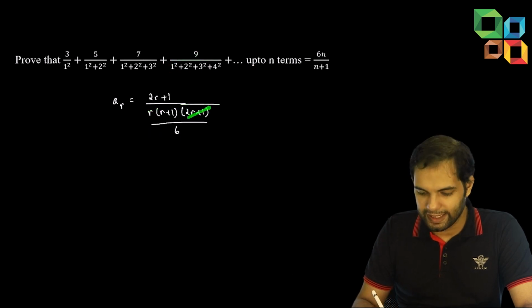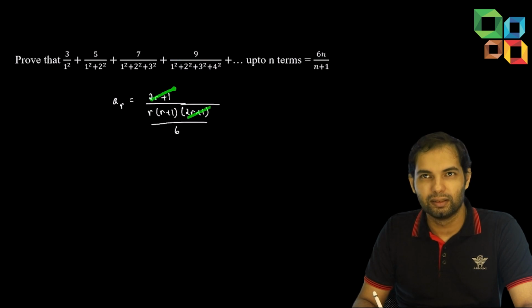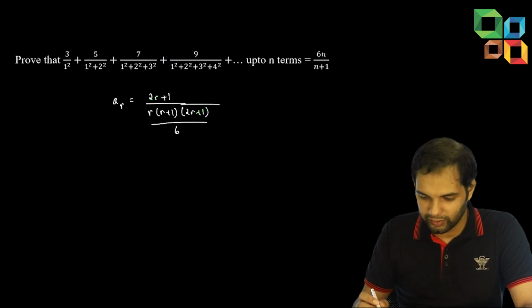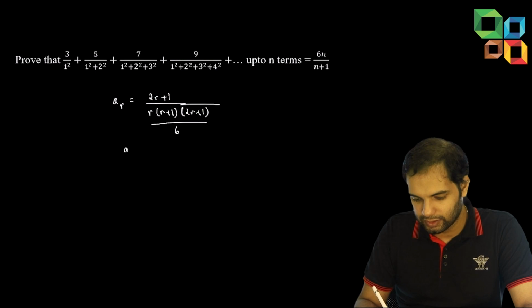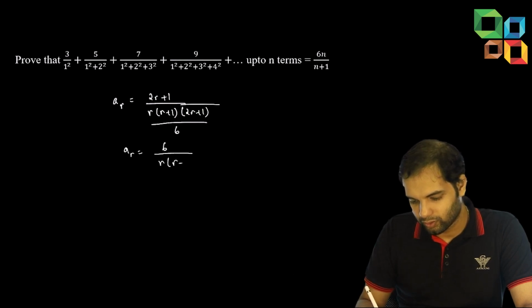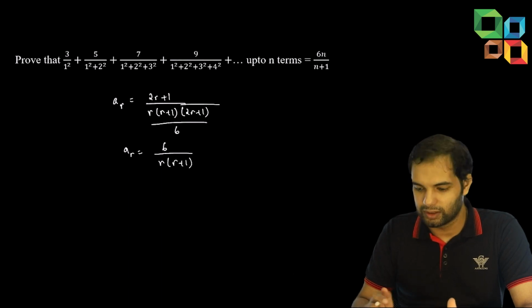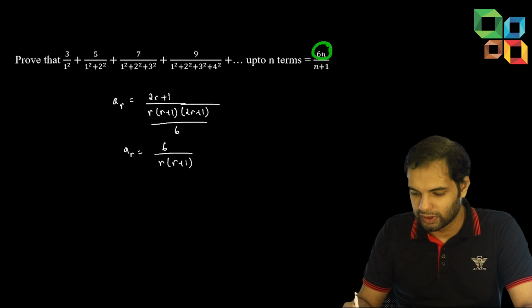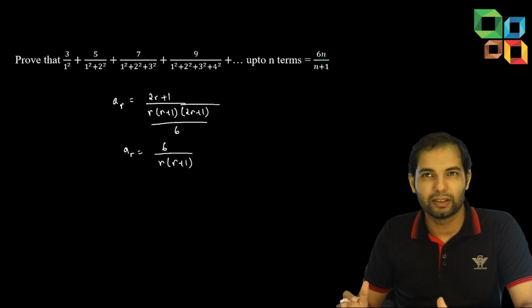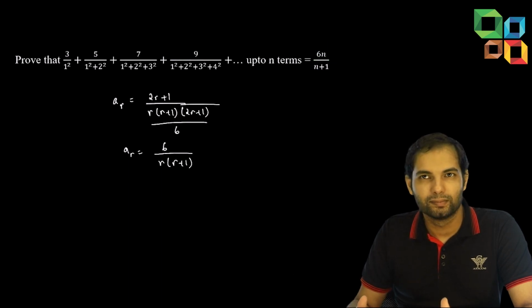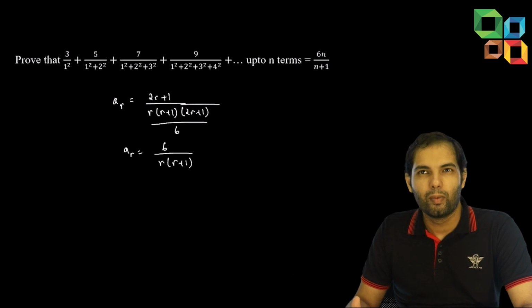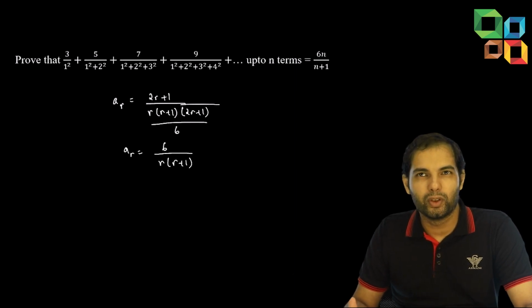So what now? This will get cancelled, isn't it? Yes, sir. Okay. We get this cancelled. So we get 6 by r into r plus 1. What now? So this is what you are saying. You got the 6 term and you got this n plus 1 or something like that. Yes. Okay. But do you realize what we have found out right now?